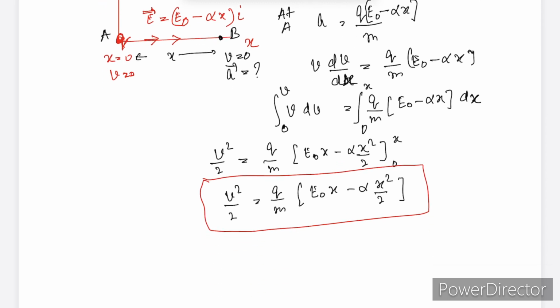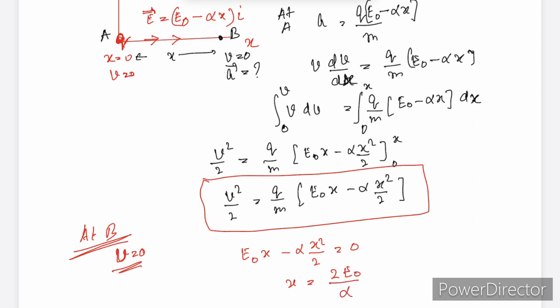Now at point B, v is again 0, and if we put v equal to 0, then E0 x minus alpha x square by 2 will be 0, or x will be equal to 2E0 upon alpha.